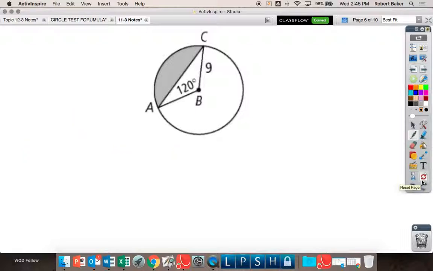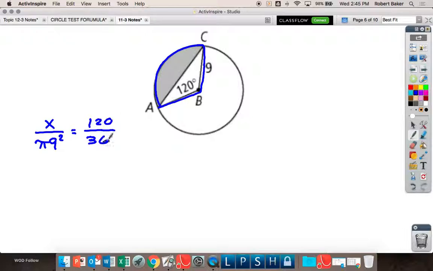Step number 1, attempt to find the area of the whole sector. Find the area of this whole piece right here. The area of that sector is X over pi 9 squared equals 120 over 360.